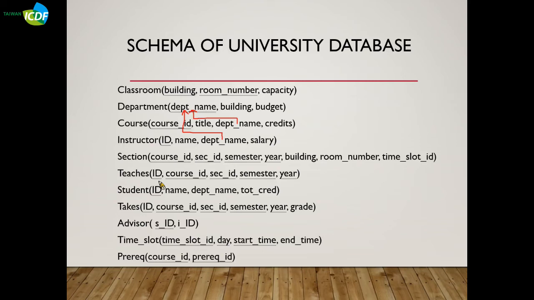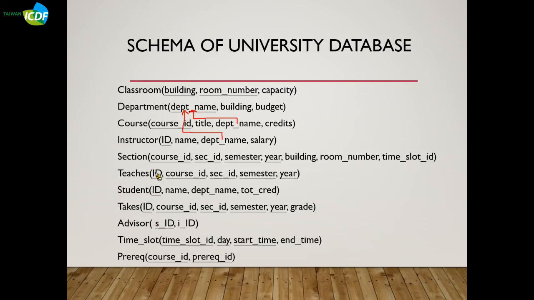As to the teaches table, which mainly describes the situation of which instructor teaches which course, the primary key consists of all attributes. So each attribute of the primary key must be treated as a non-key attribute. Thus, we have to make sure whether each attribute is the primary key of other tables.